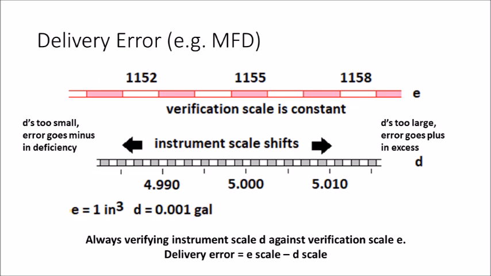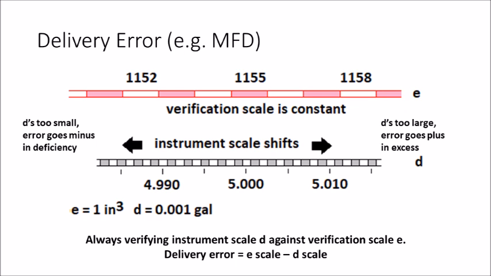Now, if I were to digest this all down, distill it all down, I can get it down into two basic slides. When we're doing delivery error, the verification scale is always a constant. It doesn't change. It's 100% accurate. It's without error. We're always verifying the instrument scale against this verification scale.